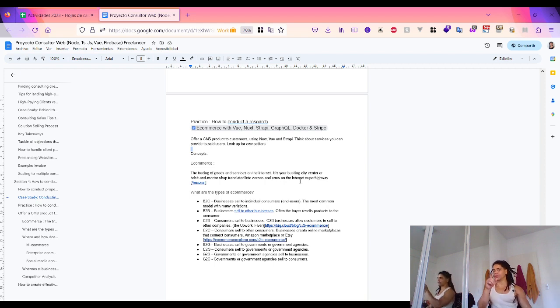And then I look at consumer to business, okay? Another very interesting business model where consumers offer their services to businesses, such as freelance work, which might involve freelance writing, graphic design, web development, on platforms like Upwork, Freelancer, or Fiverr.